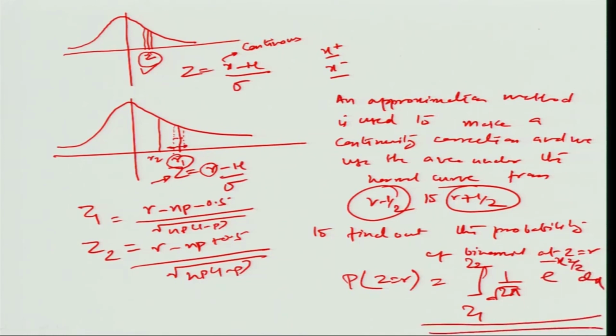So, this is a case where you are assuming a z variate corresponding to r minus half. Let us write this down as z variate corresponding to r minus half, another z variate corresponding to r plus half, let us call these z1 and z2.